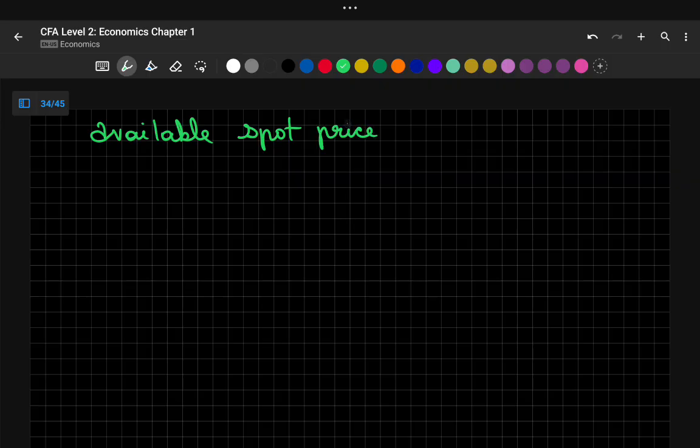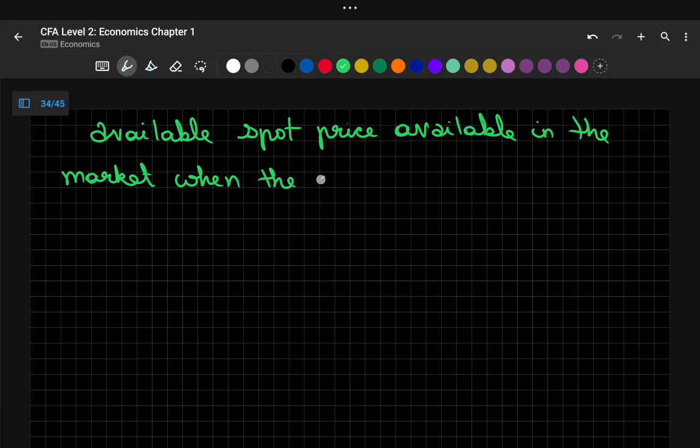You would be offsetting it at the spot market price, so the spot price available in the market when the offsetting position is created.